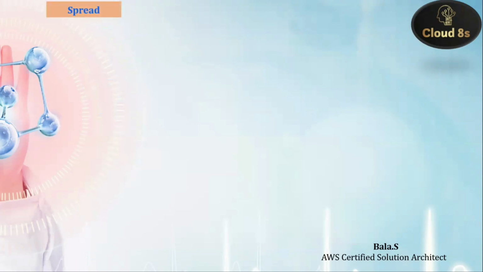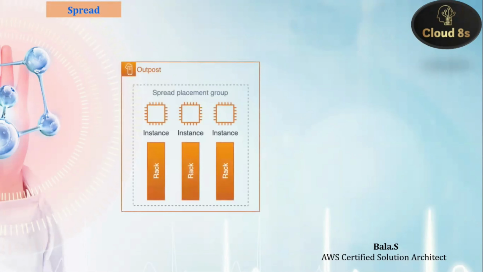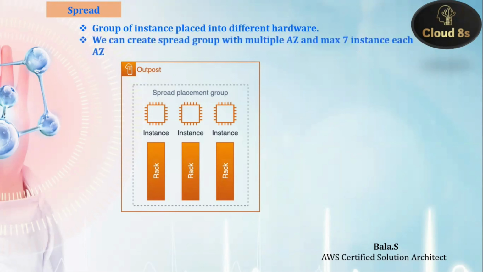Another placement group is called spread. Spread means that when we are creating instances, those instances are placed on different hardware within a group. For example, here in the image you can see there are three instances I am creating with the spread placement group. Each of the three instances will be placed on separate servers. Rack means the server.